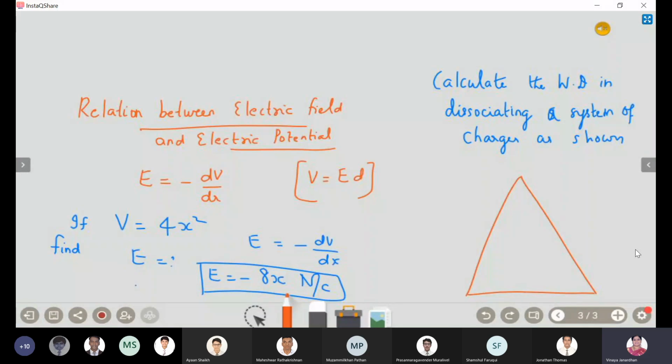Mark this point. This is Q, minus 4Q, plus 2Q, 10 centimeter, 10 centimeter.